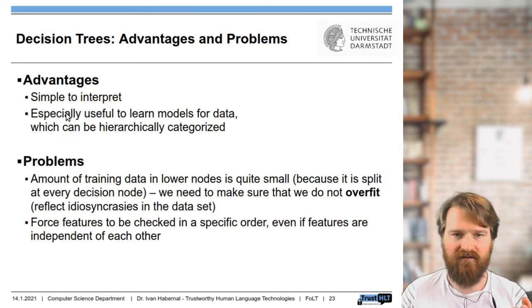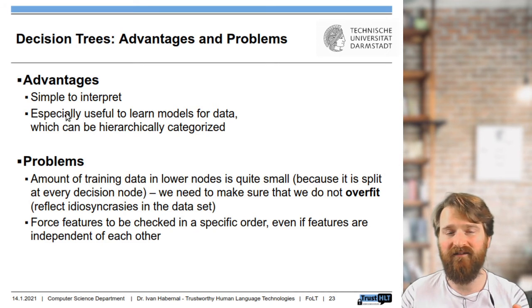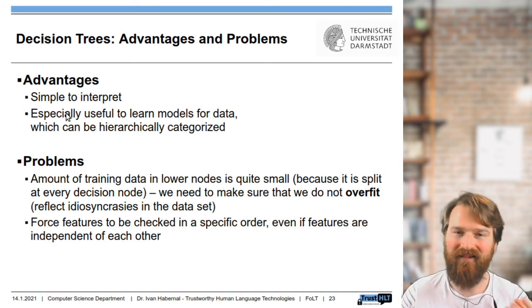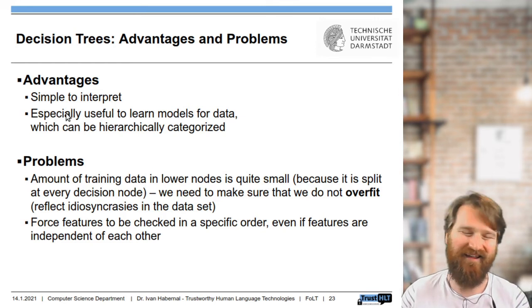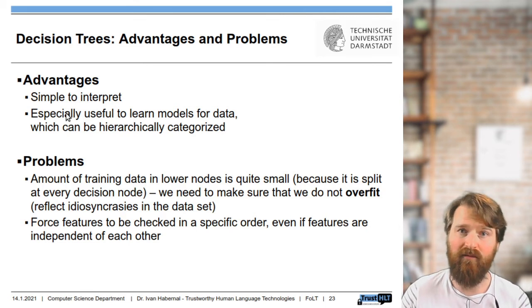The advantage is the interpretation capability. You can print it out and see the features and their decisions. If the features make sense, like in this example, then you understand how the algorithm decided, which helps the transparency of the models. If the number of features is small and they make sense, you as a human can understand the model.